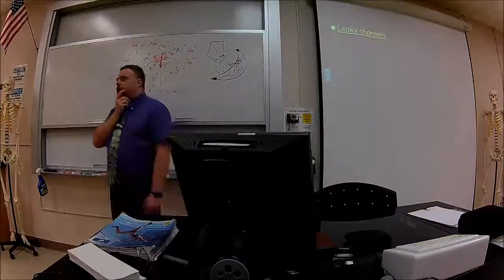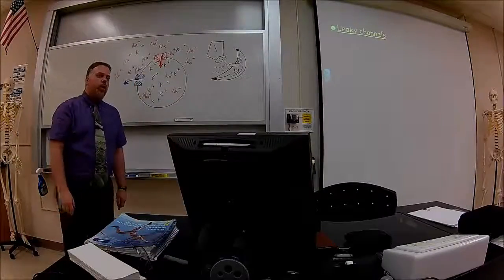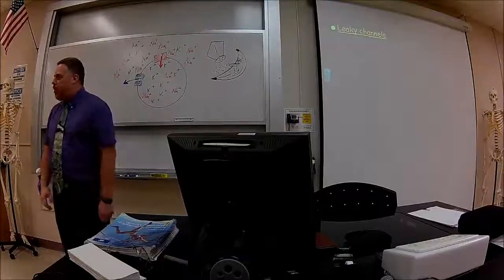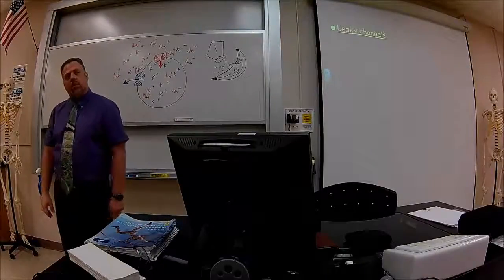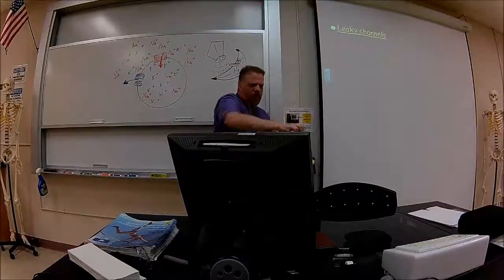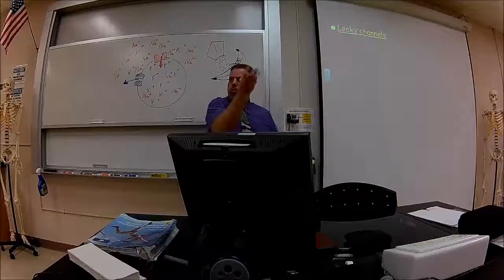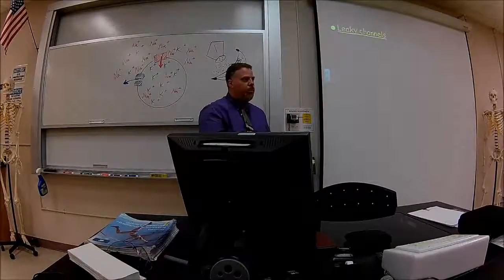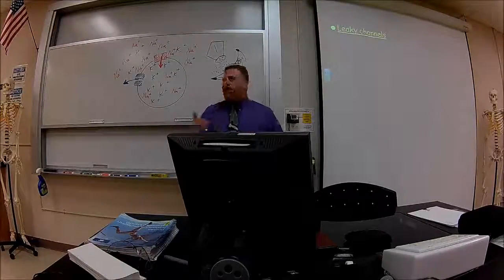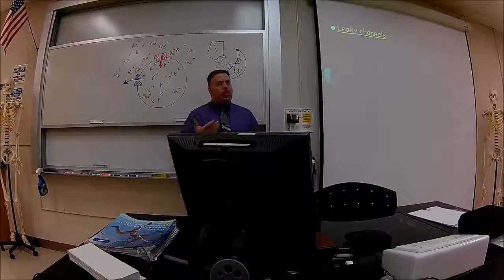There's another problem that we have. These channels that I drew over here, even when they're closed, they're leaky. Meaning, if you take your faucet and you turn it all the way really tight, it's still going to go drip, drip, drip. So even though we have sodium-potassium channels that are closed, they're leaky.